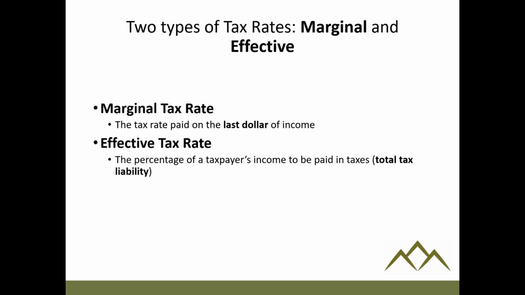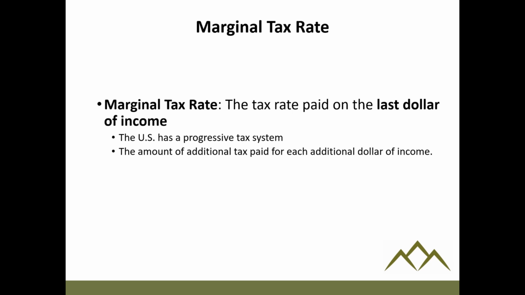If we get into our next slide here, I already touched on this, but what I'll add is that the US has what's considered a progressive tax system. That's not necessarily a political term here; it's that as you earn more, in theory, your tax rate is going to increase.